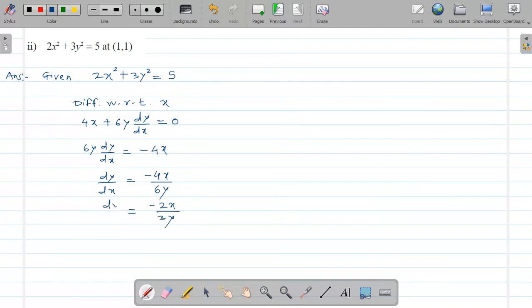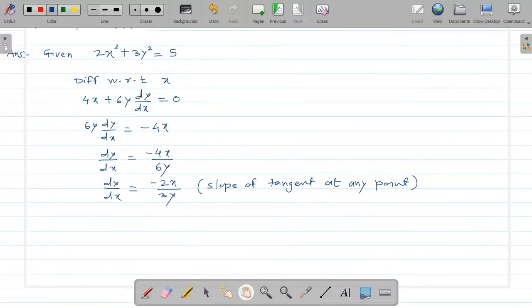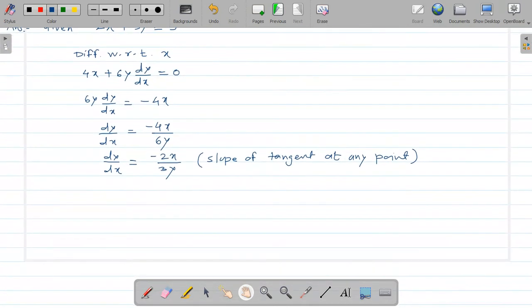Now this dy by dx is called the slope of tangent at any point. Okay, this is the meaning of the derivative. So it is minus 2x upon 3y. Now we require the slope at point (1, 1).